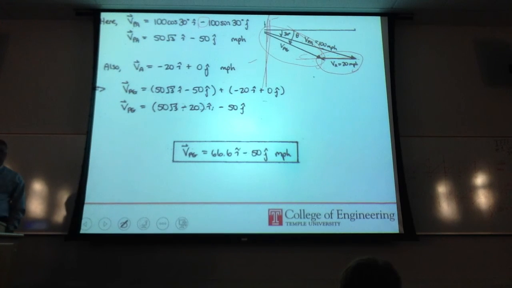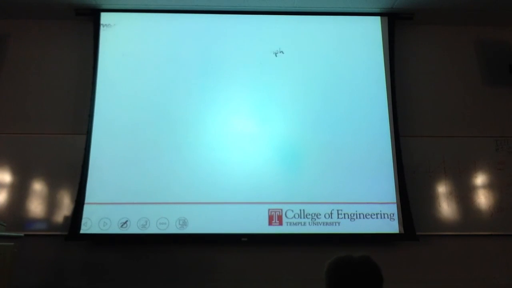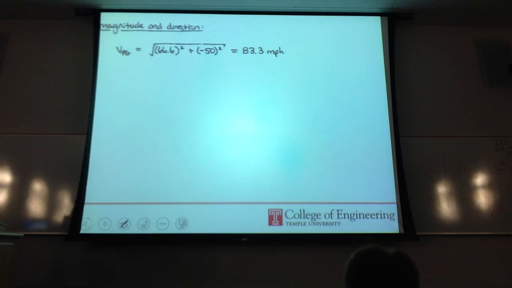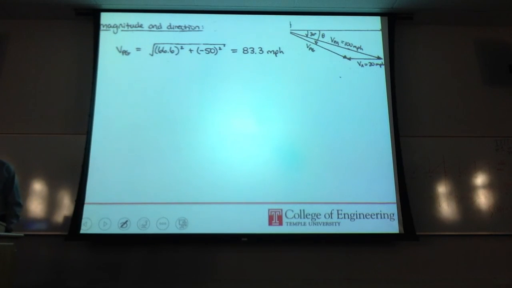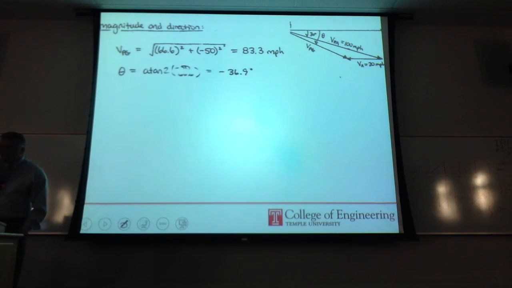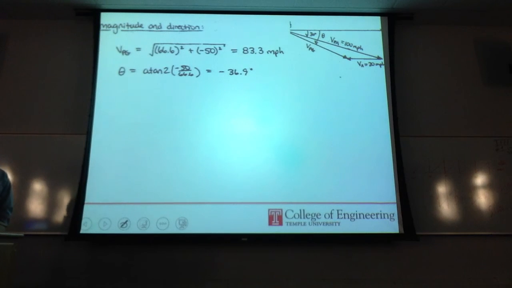If I want to show it in a polar system, what do I do? How do I find the angle? Go on. Arctan of? Right. Which is minus 36.9 degrees.